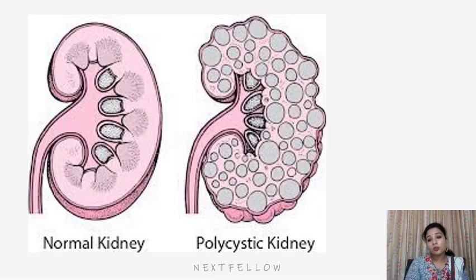So the next anomaly is polycystic kidney. Here we can see the normal kidney, and this is the polycystic kidney, and we can see a lot of cysts within the kidney. It is because of failure of communication between the nephric part, that is the excretory part, and the collecting system.